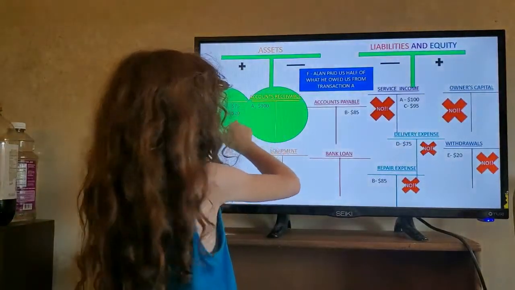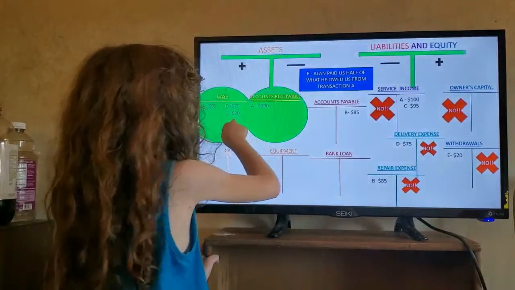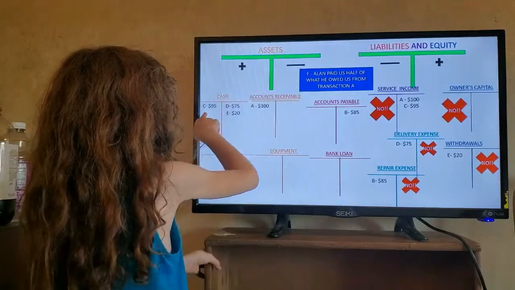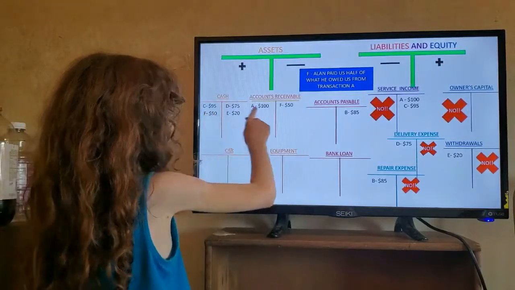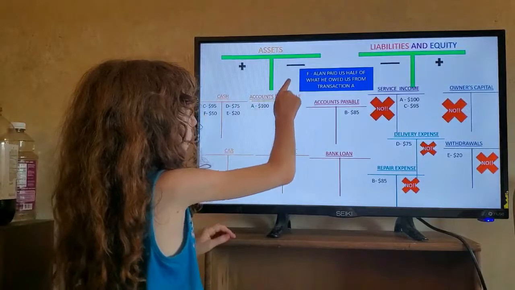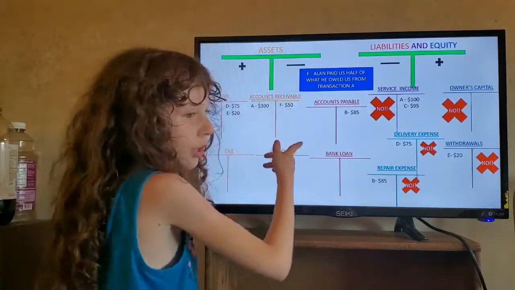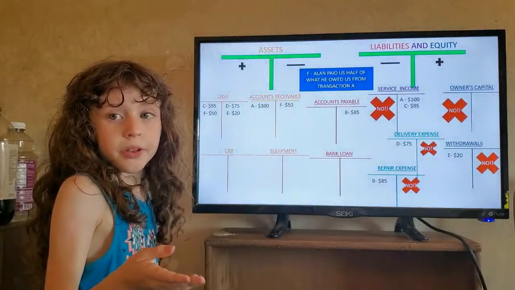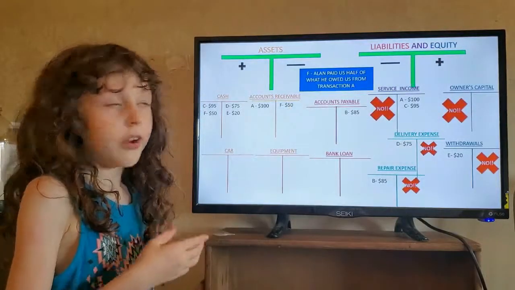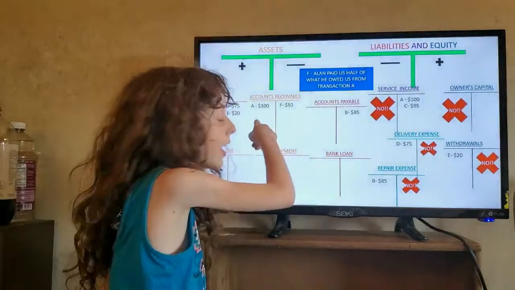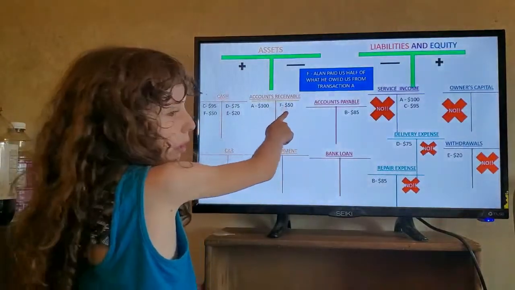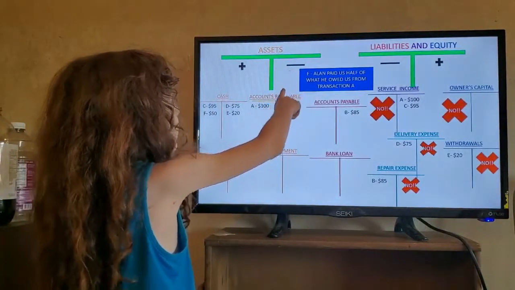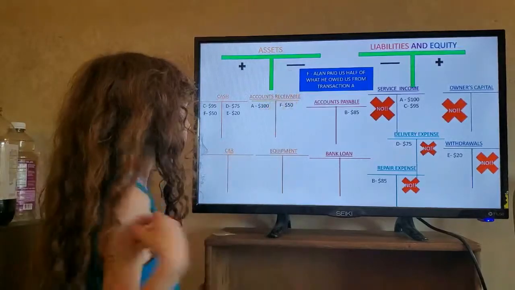So cash, you're getting more cash, so you would get plus, and it's an asset, so plus is this side. And accounts receivable, you have only 50 left to go, and you got half of what was in transaction A, so accounts receivable is an asset too, and it's minus, so it has to be credit.